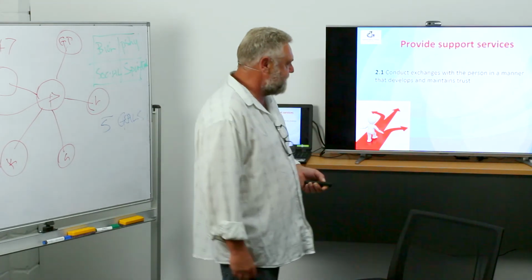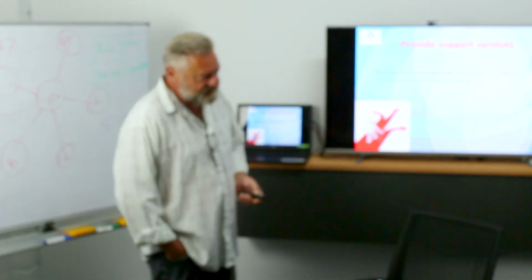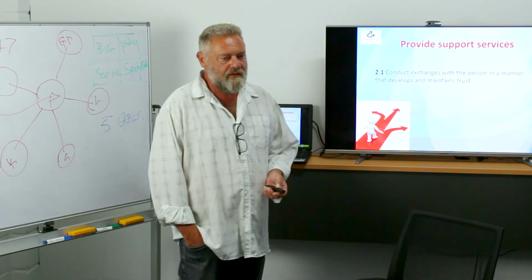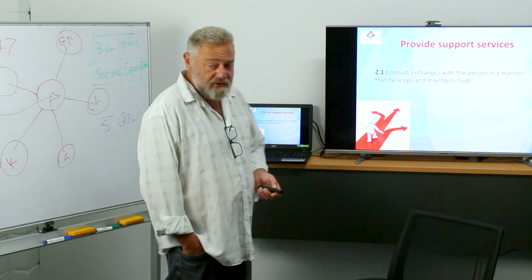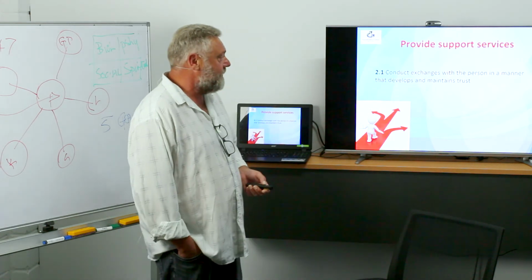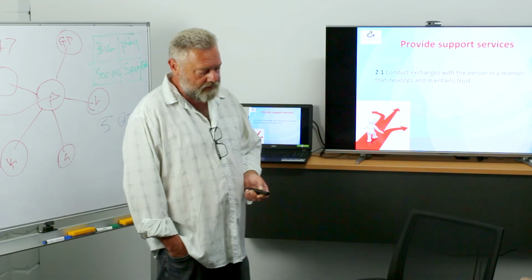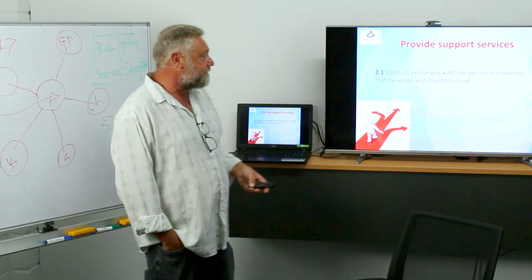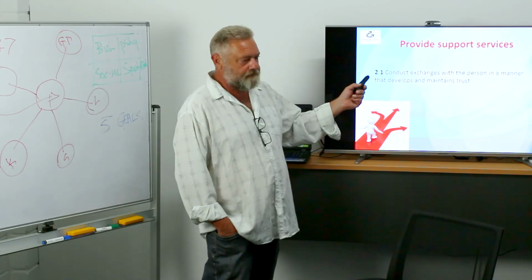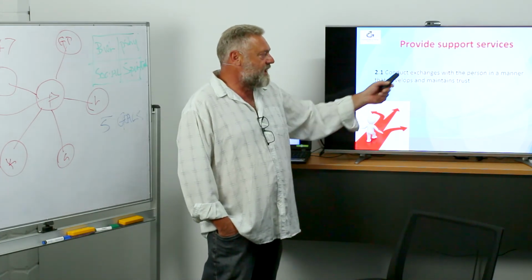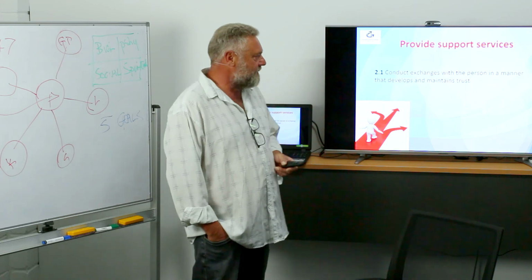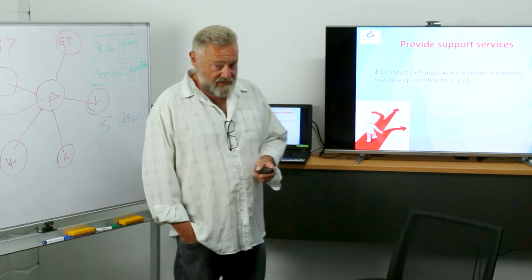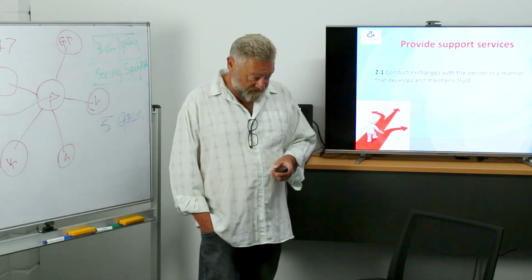We're about to move into the second element, which is activity 2A, or 2.1 in the learner guide. So this is about conducting exchanges with the person in a manner that develops and maintains trust.